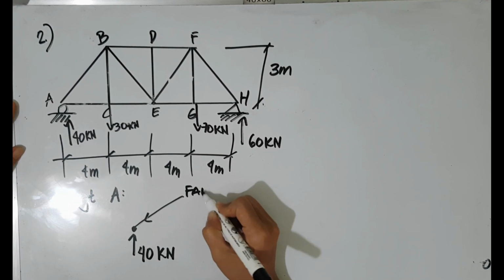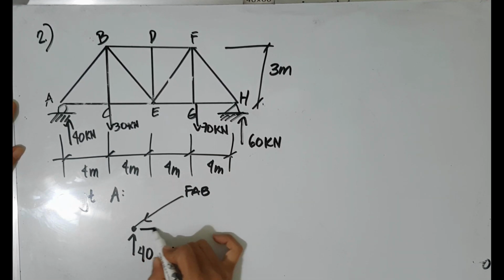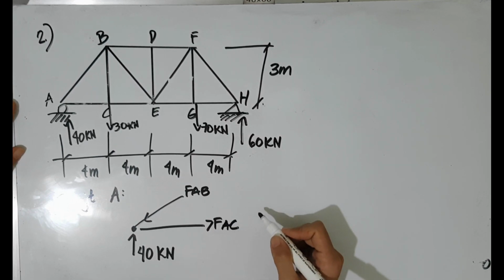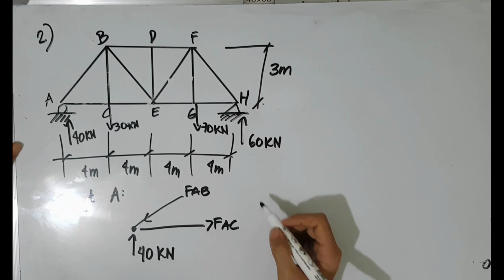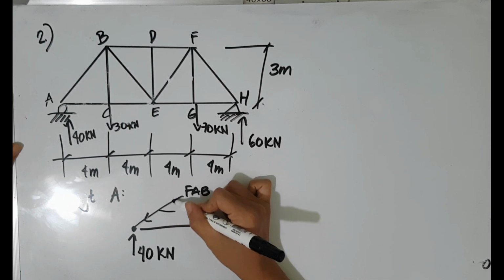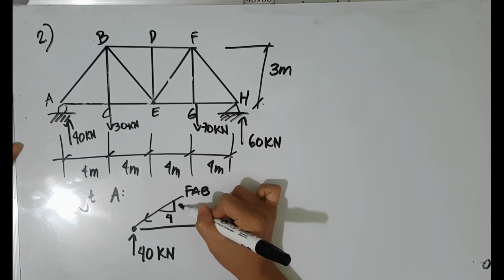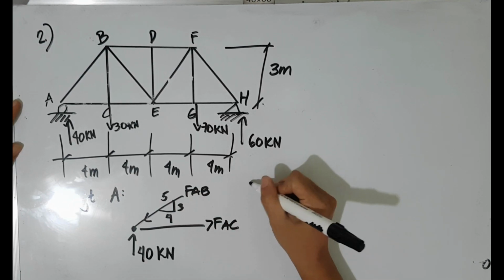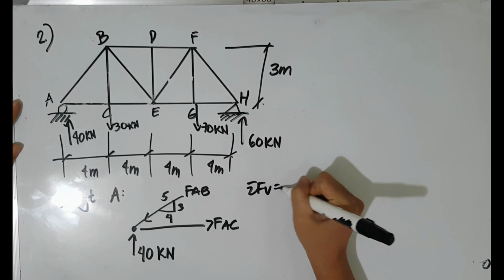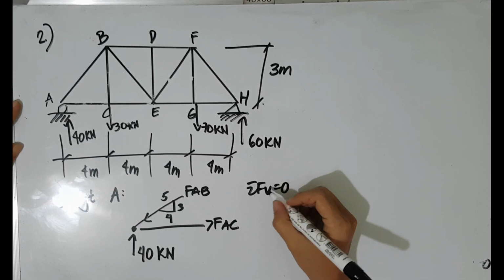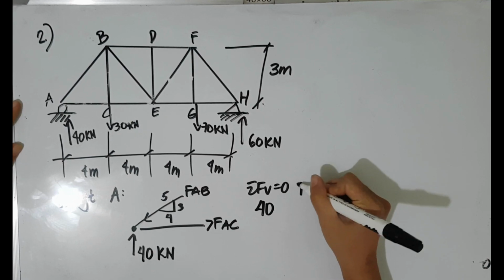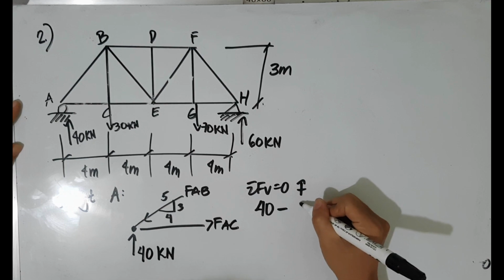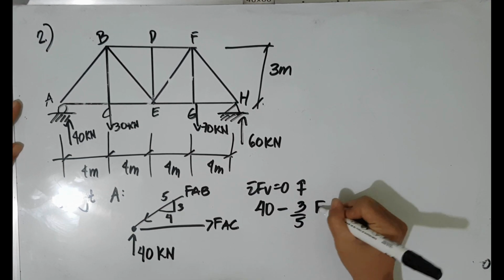We will assume that there is a compressive load at member AB and a tensile load at member AC. So we have a slope here, 3 vertical, 4 horizontal. By taking the summation of forces vertical equal to 0, upward positive: 40 kilonewton minus 3 over 5 of force AB is equal to 0.